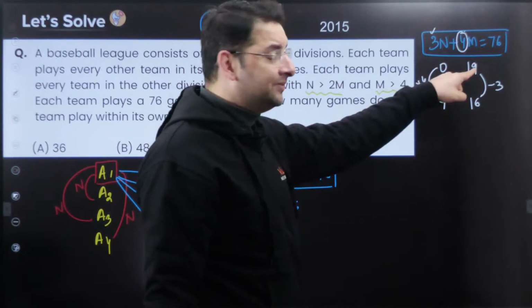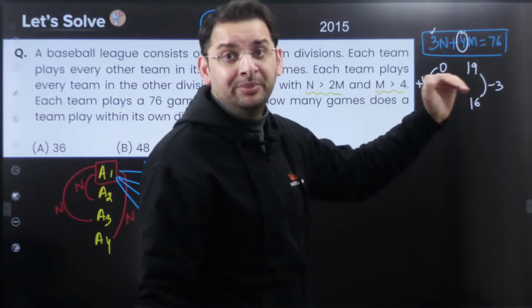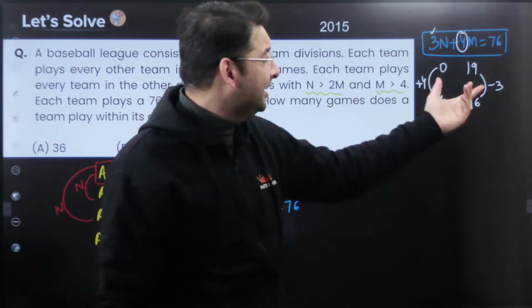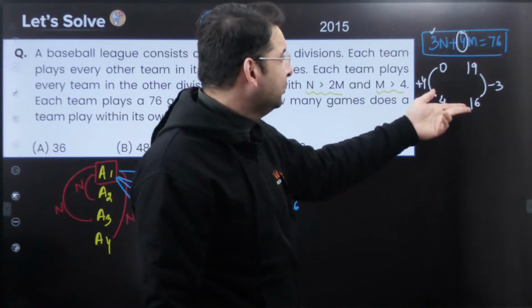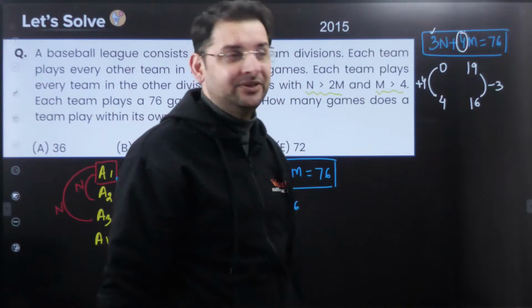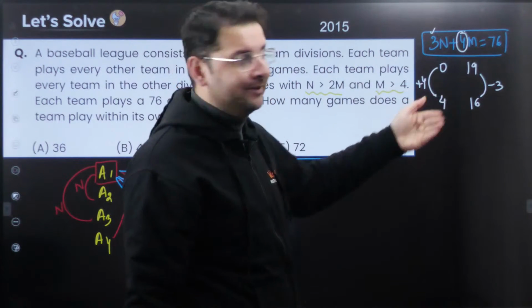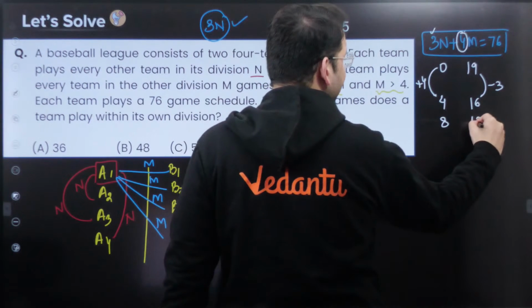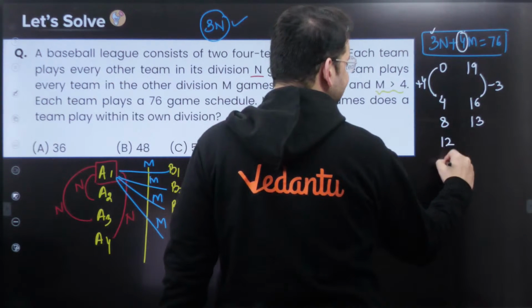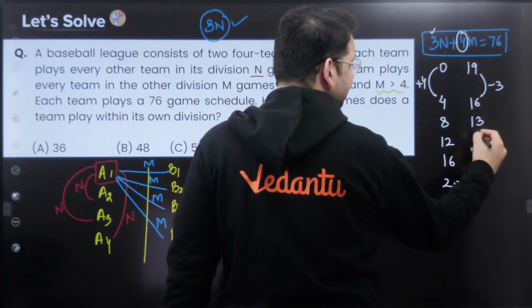So 0, 19 is one of the solutions, then 4 and 16 is going to be the other solution. And you can check also, if you put n as 4 and m as 16, it is going to satisfy this. 16 into 4 is 64, plus 12 is clearly 76. The other solutions will come like this too. Add 4 here to get 8, subtract 3 here. Keep adding 4 to get 12, 16, 20, and keep subtracting 3 here.